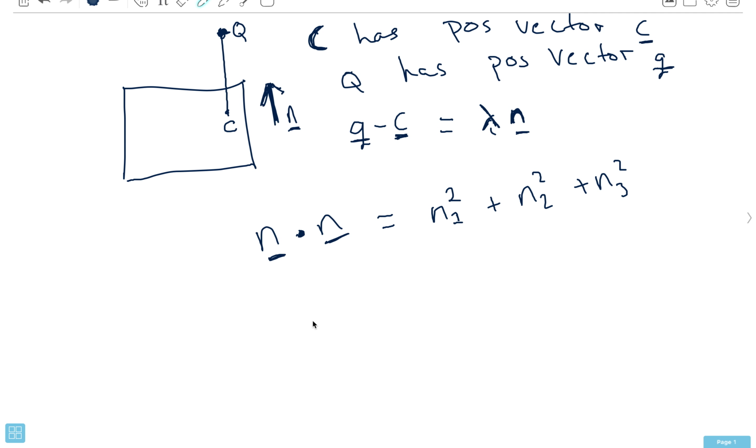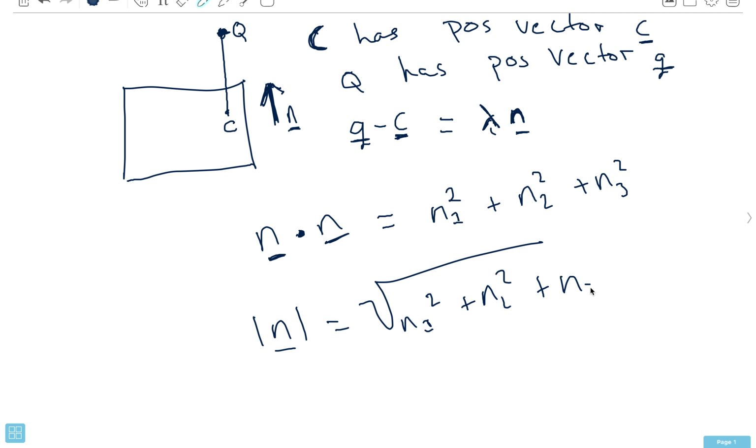Now if we look at the length of n, this is equal to the square root of n1 squared plus n2 squared plus n3 squared. So if I square the length of n, then I have n dot n.